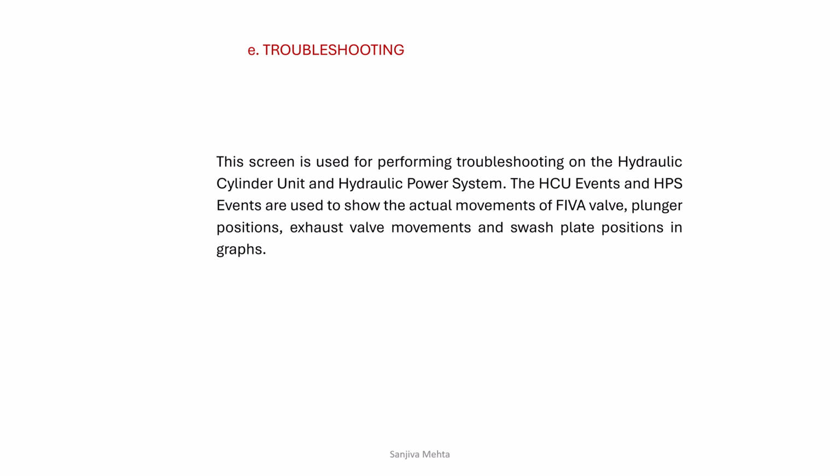It is keeping a record of the events which are taking place in the HCU, that is the movement of the fuel valve: at so and so load, so and so was the stroke of the fuel valve. HPS event is basically a record of the events.